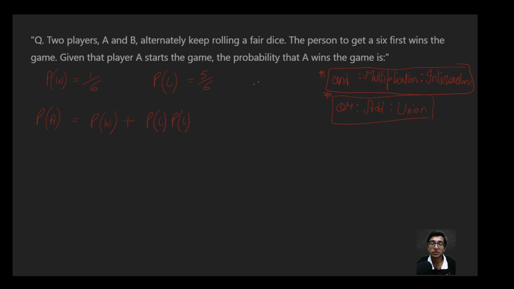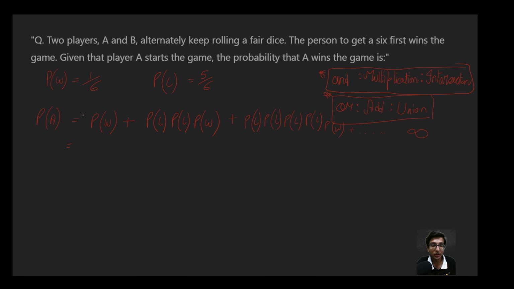We are finding the probability of A winning. Now A is playing the game. Now A wins the game. Or what can happen is A loses the game, B also loses the game, again A loses the game, again B loses the game, and then A wins the game. So similarly this will continue up till infinity. So this is how we can find out the probability of A winning the game.